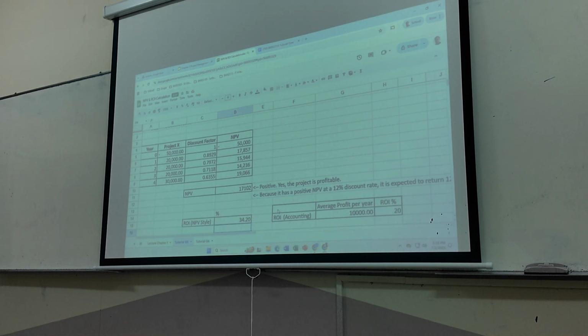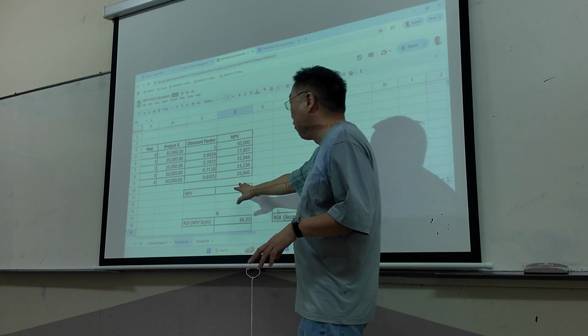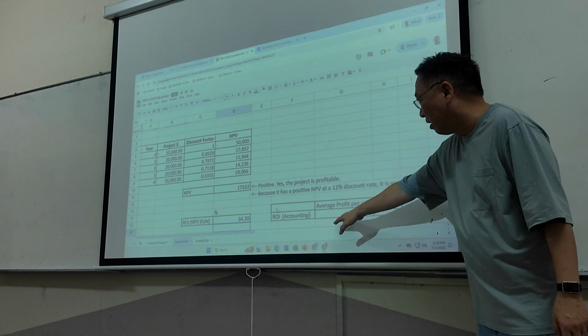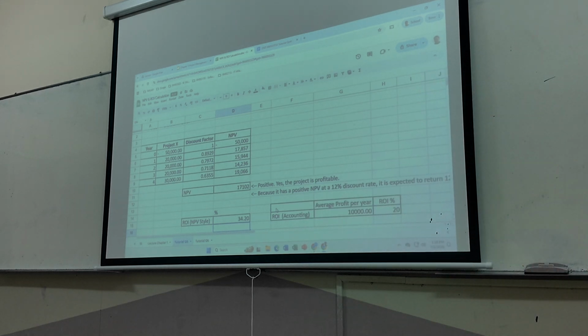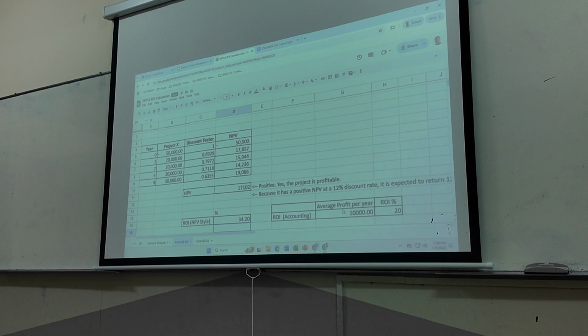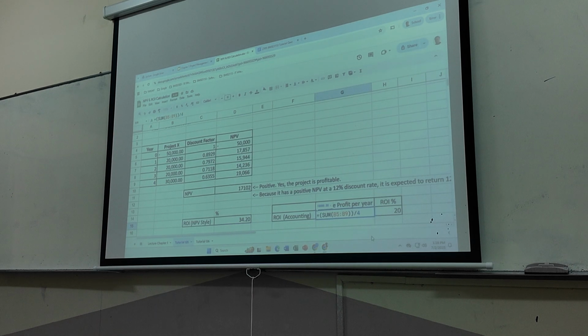34.2%. If you didn't calculate the NPV, and you use the old-fashioned way of calculating ROI, because you don't bother about taking the time value of money, the calculation is 20%. So there are two ways of calculating. The old-fashioned way, which we call the normal accounting way, or taking the net present value way. So if you use this, the formula is very straightforward.